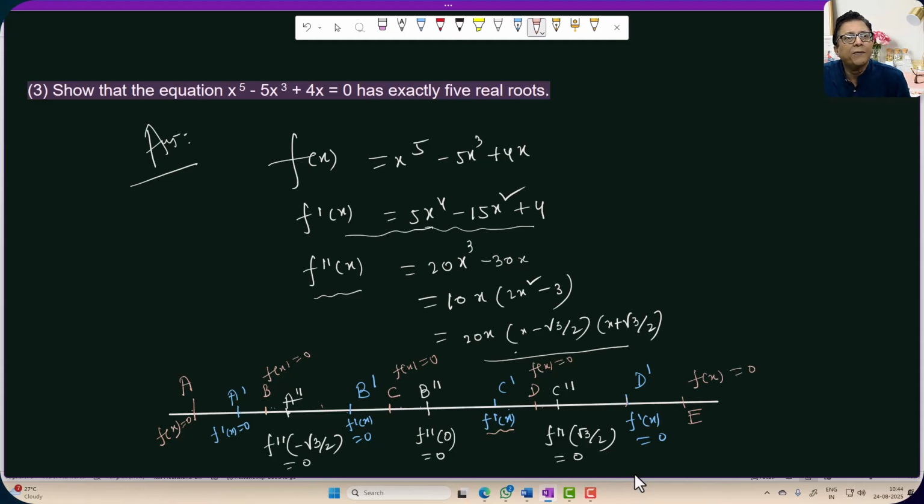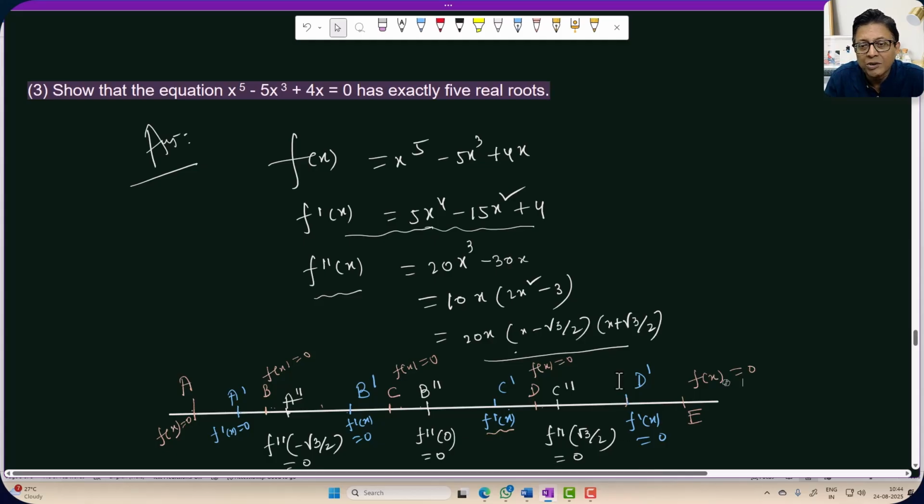You can apply this directly for solving ISI CMI MCQ problems. And in a descriptive question, if you get the concept, happily apply the concept and show them. These are the roots of f(x), these are the roots of f'(x), these are the roots of f''(x). Clear?